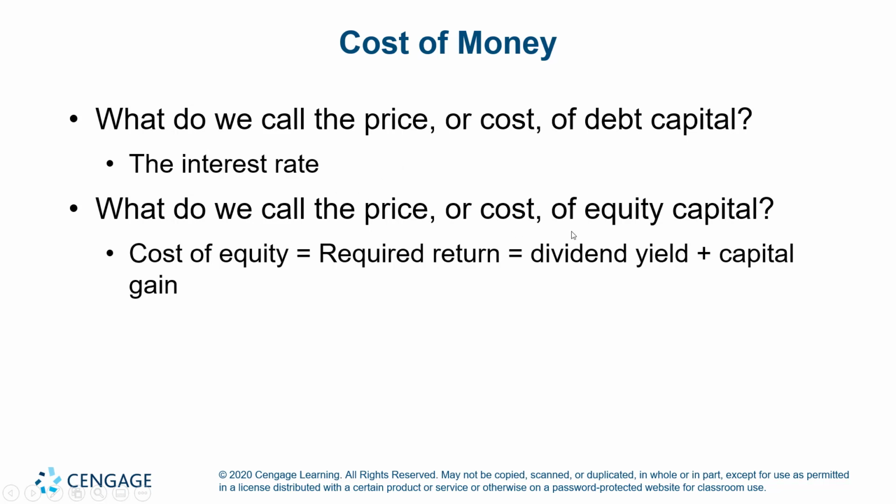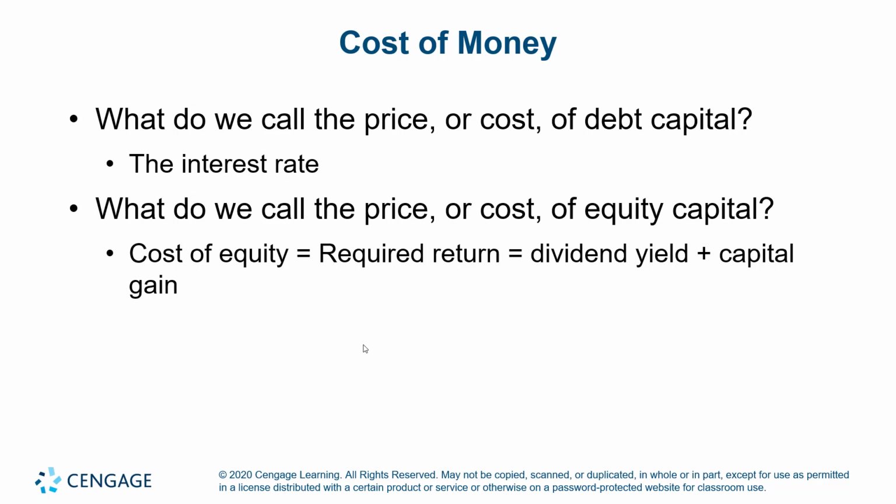The price of equity capital is dividend yield and capital gain, because the cost of equity is the required return. This required return is in the form of dividends the company pays and also capital gain, because once you invest in the company, you expect the price of the stock to go up, and at the same time you expect some return in the form of dividends. So expectations of return, capital gain, and dividend form the components of the cost of equity.